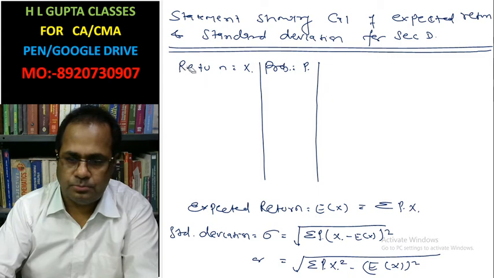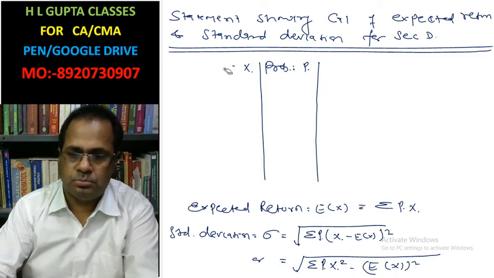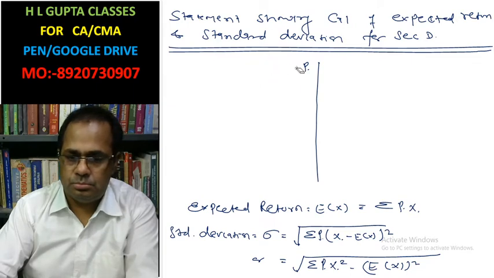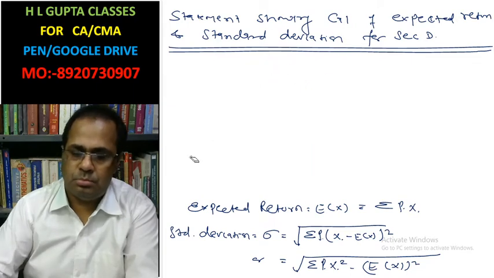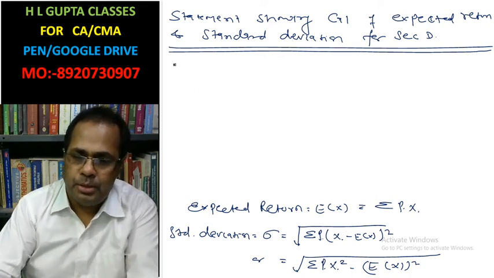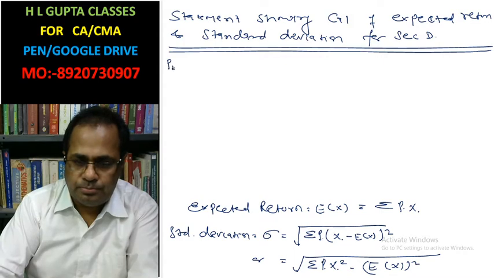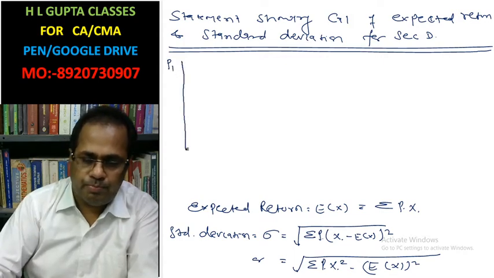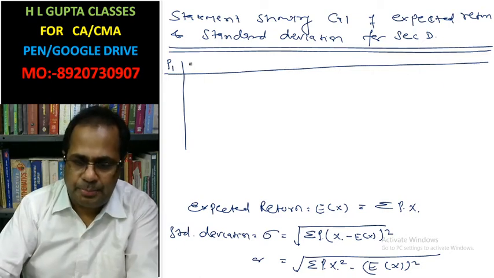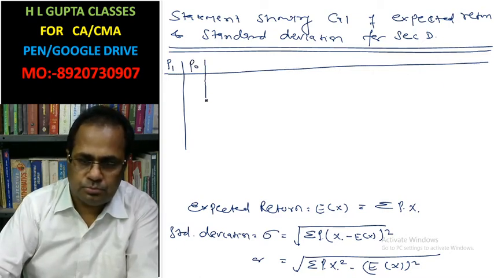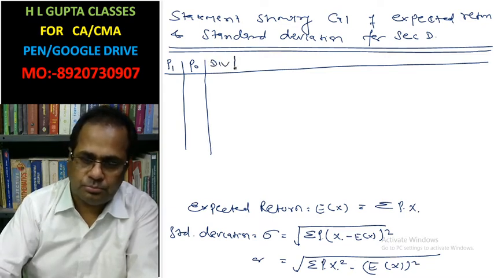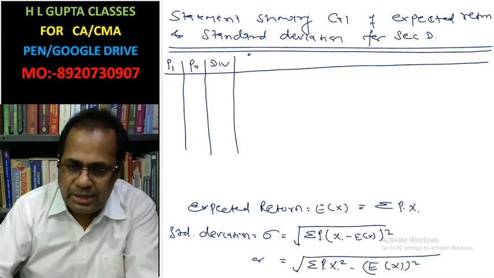First, look at it. You write here P1, write here P0, you write here dividend, then you write here return.